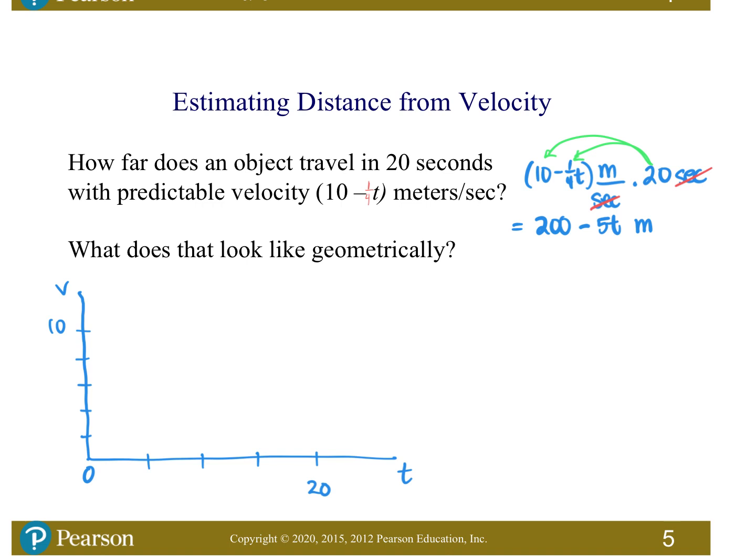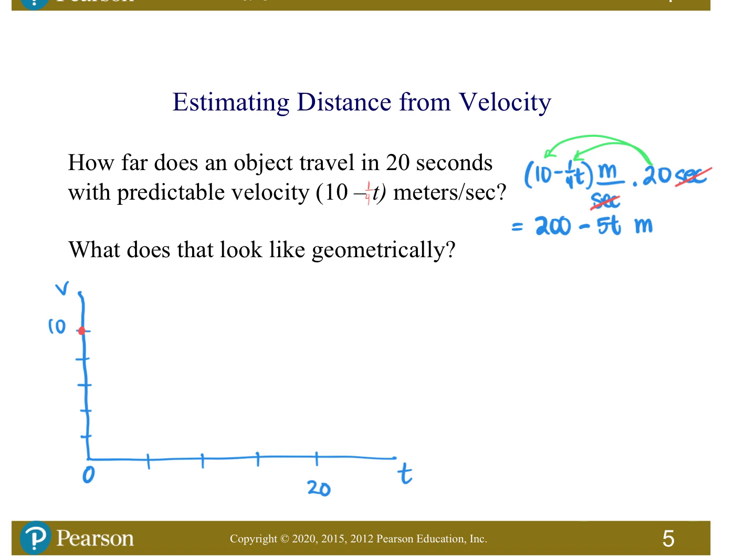I'm going to start with my velocity at 10, but I'm not going to go straight across because it's not constant anymore. My 10 is going down with a slope of down 1/4, down 1/4.